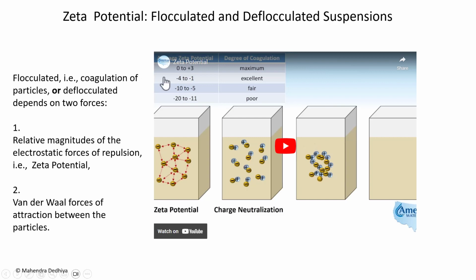Zeta potential of greater than 10, degree of coagulation, flocculation is poor, that means they repel. When the zeta potential is close to 0 to -4, the van der Waals attraction forces are predominant and degree of coagulation or flocculation is excellent. We will see this in this video.